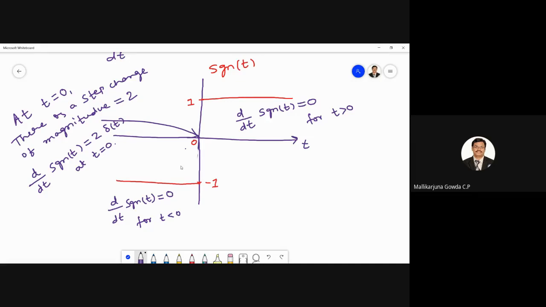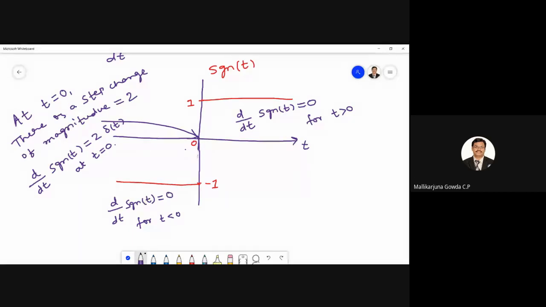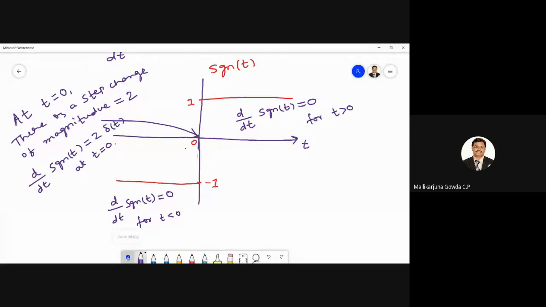So just refresh the basics of Fourier transform, because we are using those properties here directly. I will not be able to again say at every stage what is the derivative property, what is the duality property and all. Many things are required for this because it is a 6th semester subject, right? So you should have the basics.